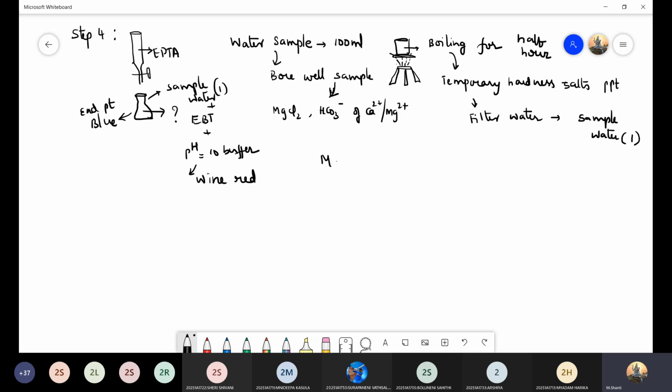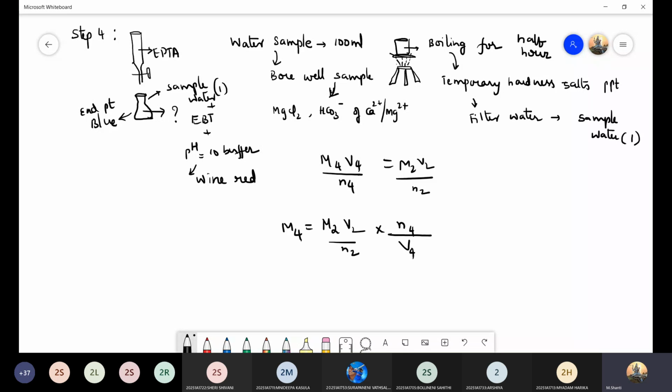Then the calculation: M4 V4 by N4 equals M2 V2 by N2. I want M4, so I take all other quantities to the other side: M4 equals M2 V2 by N2 into N4 by V4.